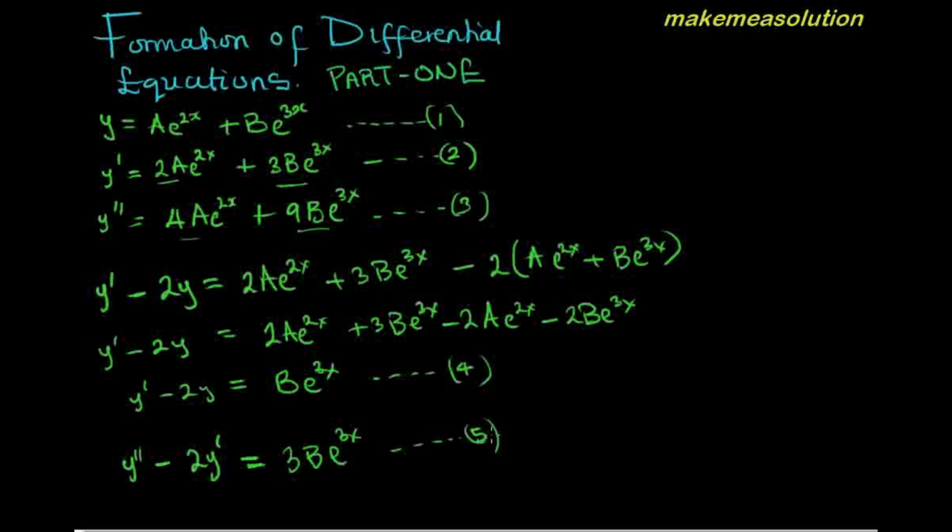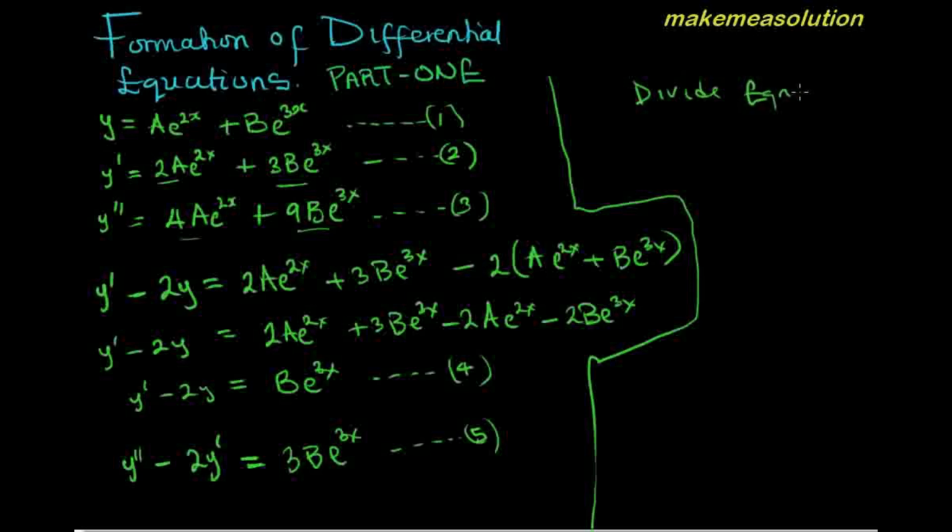Are we together? Alright, so I'm just going to try to squeeze it here to manage the board. So the next step, I'm going to divide equation 5 by equation 4.